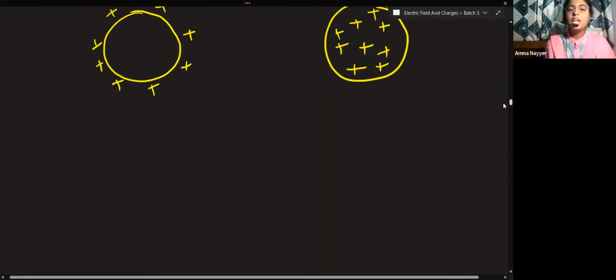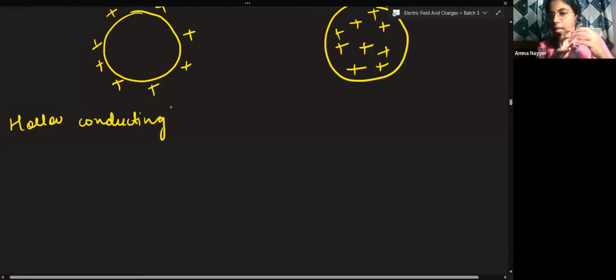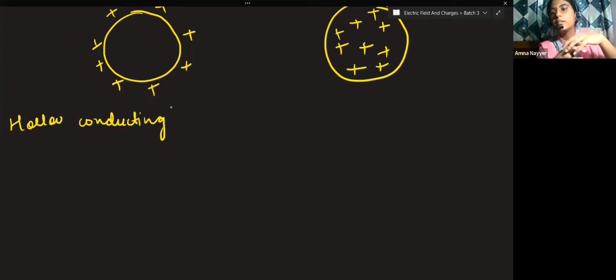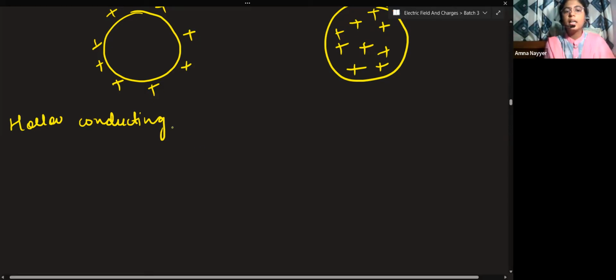Now, what kinds of spheres have charges residing where? One is a hollow conducting sphere, meaning there is nothing inside the sphere and it is conducting. It's a conductor, it allows electricity to pass. In case of conductors, electrons reside on the surface of it. This is hollow conducting, or it can be hollow non-conducting, or solid but conducting.